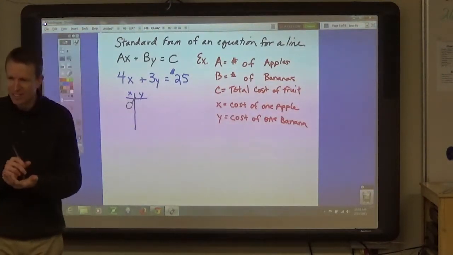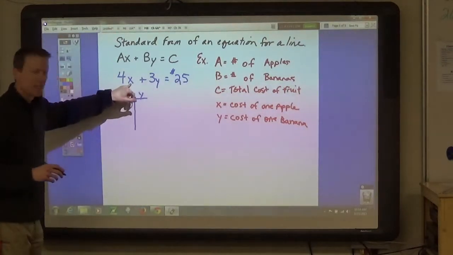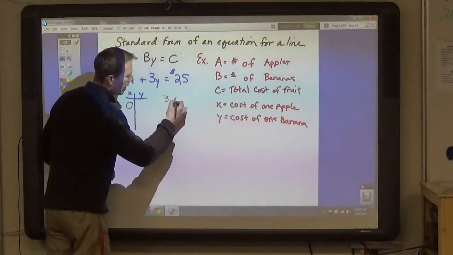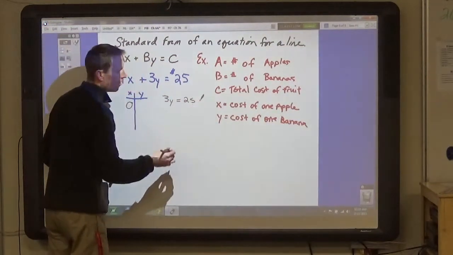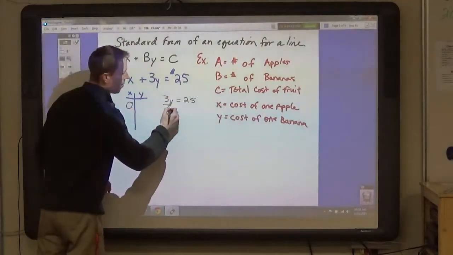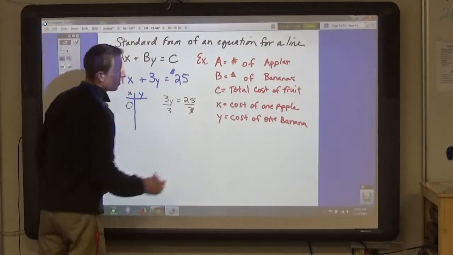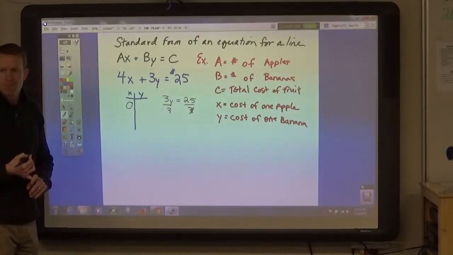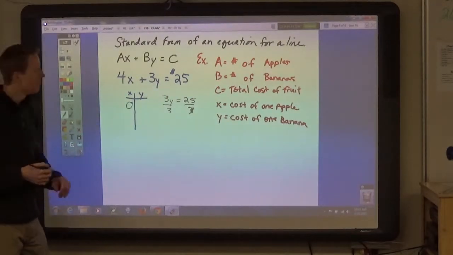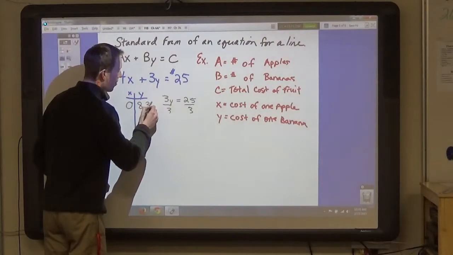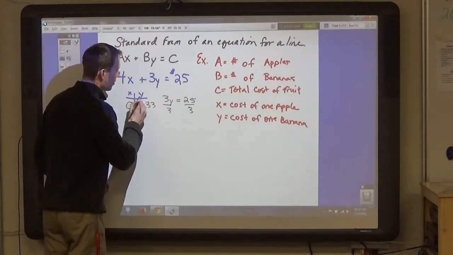Come on, people. If x is 0, 3y equals $25. So that would be, divide by 3, 8 and 1/3. $8.33.